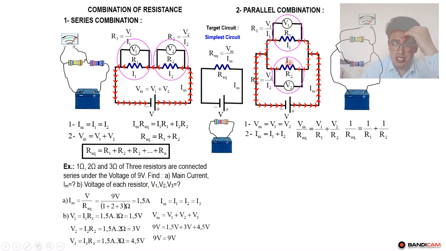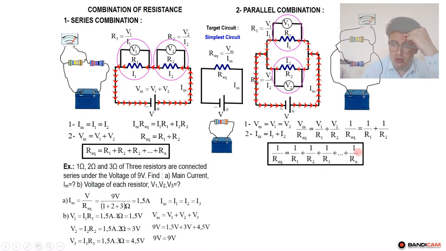The potential difference in a parallel circuit is the same, and we will take the summation of the current. If you want to find R equivalent, the resistance of the circuit in parallel, we use this formula that we studied.